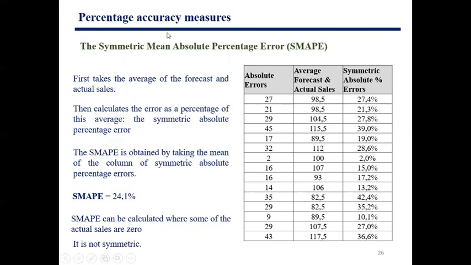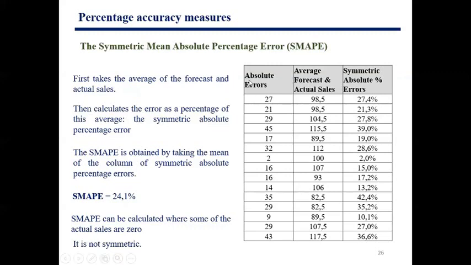Let's present another percentage accuracy measure, called the symmetric mean absolute percentage error, which is used to handle the problem of low sales and zero sales. We said that this is a limitation for the calculation of the mean absolute percentage error, the MAPE, and this measure allows to handle this limitation.